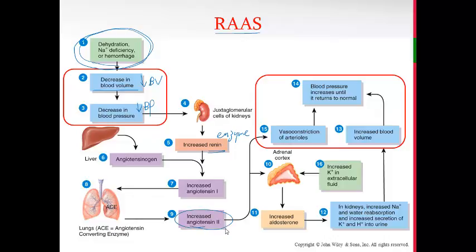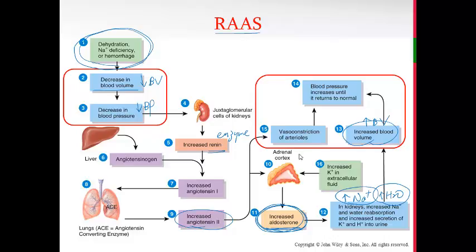So angiotensin 2 works on your adrenal cortex, telling them to make more aldosterone. So remember, aldosterone is the one to help you reabsorb sodium ions. And as you keep your sodium ions, water is going to follow. So you have more water, retainment of water. So as a result, blood volume increases.